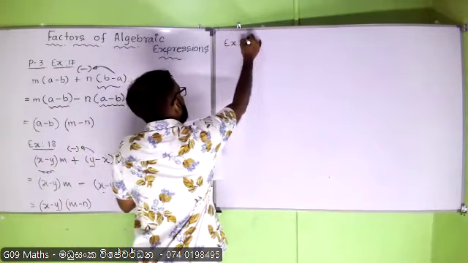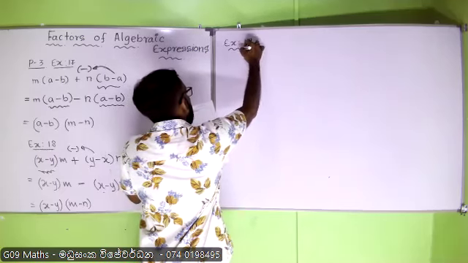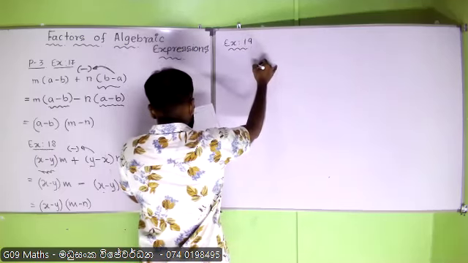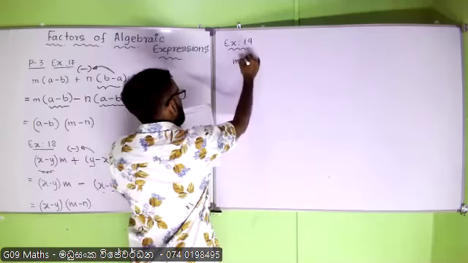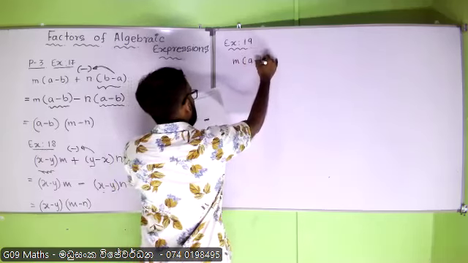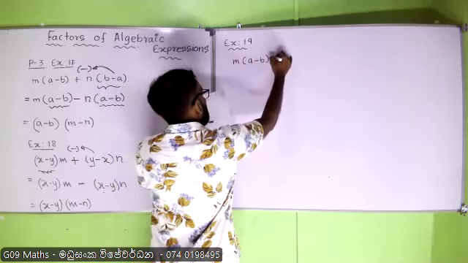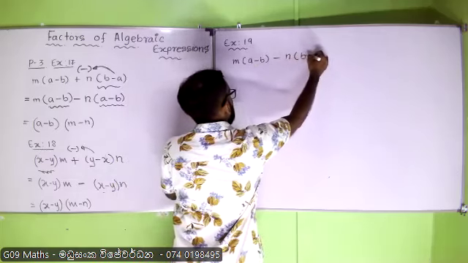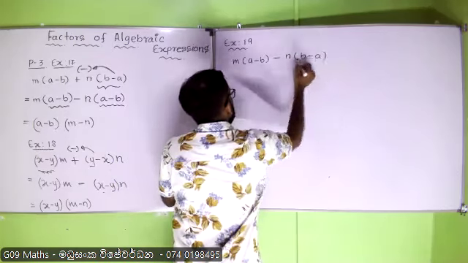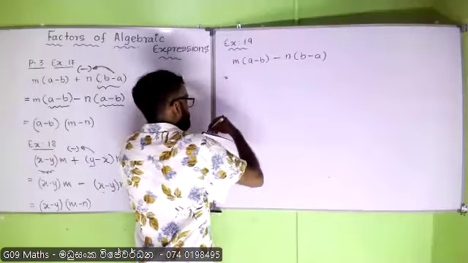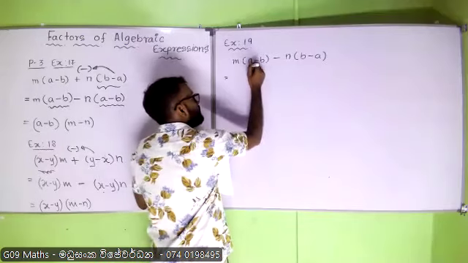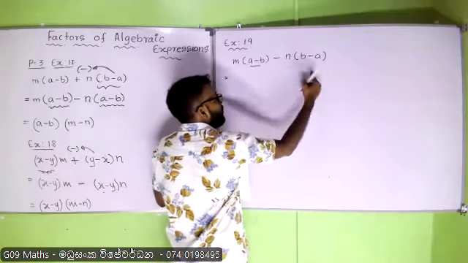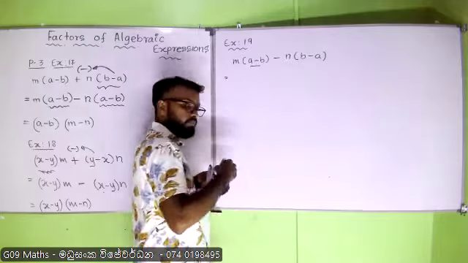Example number 19. m times a minus b. Here you have a negative sign, now b minus a. Equal mark. Here you have a minus b. Can you make a minus b here?